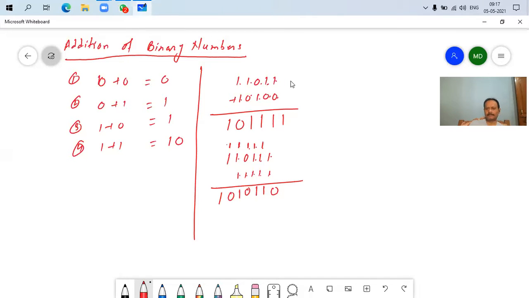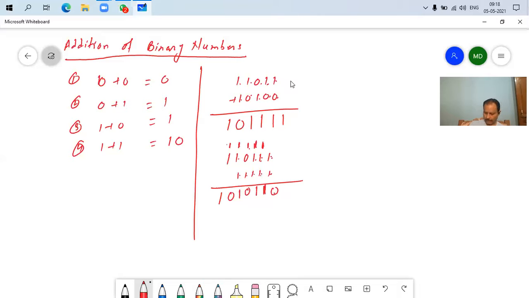Hopefully, this is clear. If you need, I'm trying to explain the thing again. Just listen once more. 1 plus 1, it becomes 0. We have carry 1. So 1 plus 1, 10 plus 1, 11. So what do we write? We write 1 and the carry 1 over here.